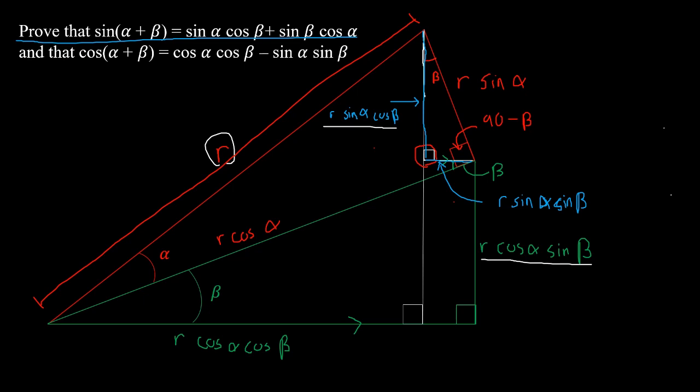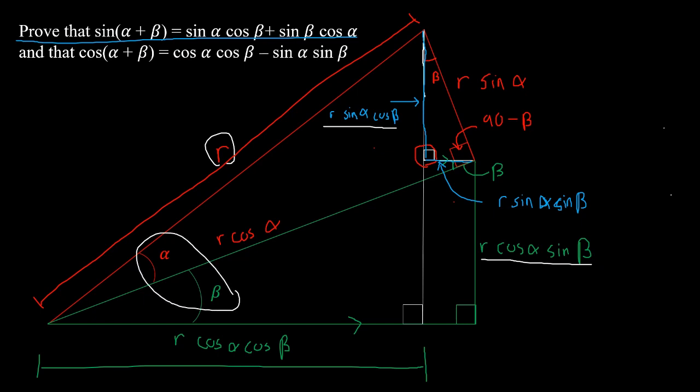All right, so if you'll notice, this line segment from here to here is the opposite leg of alpha plus beta. So if we want to find the cosine of alpha plus beta, we're going to have to find the length of this line segment over here.